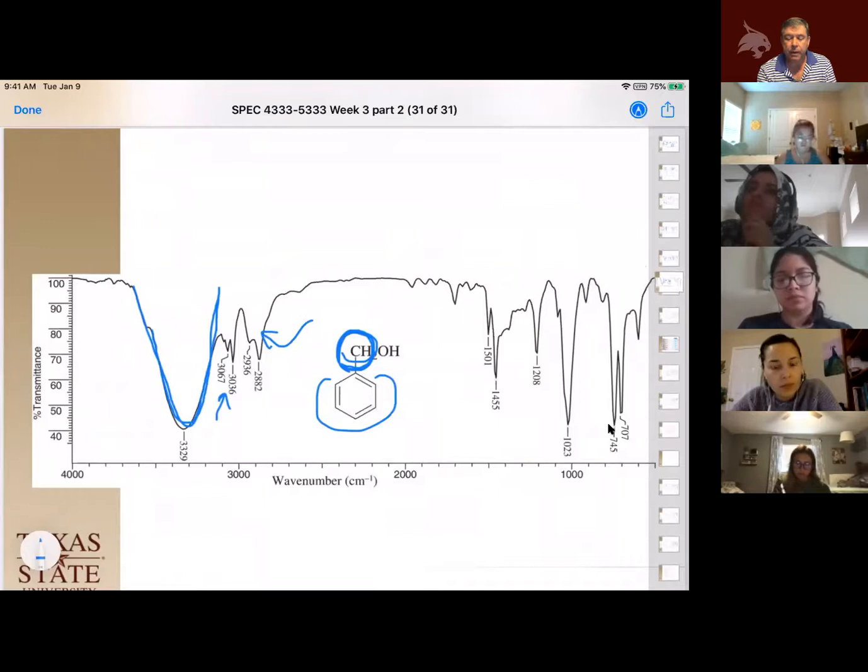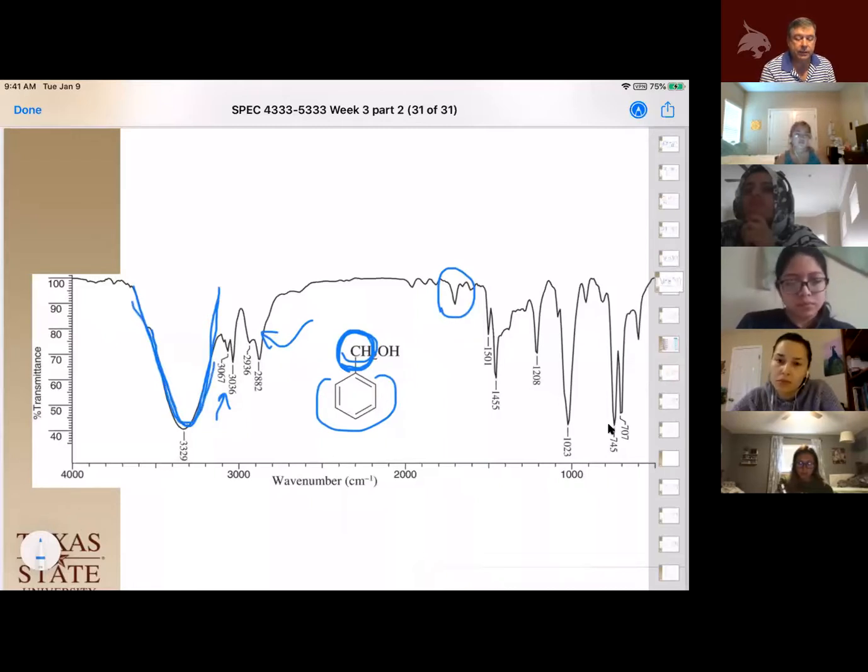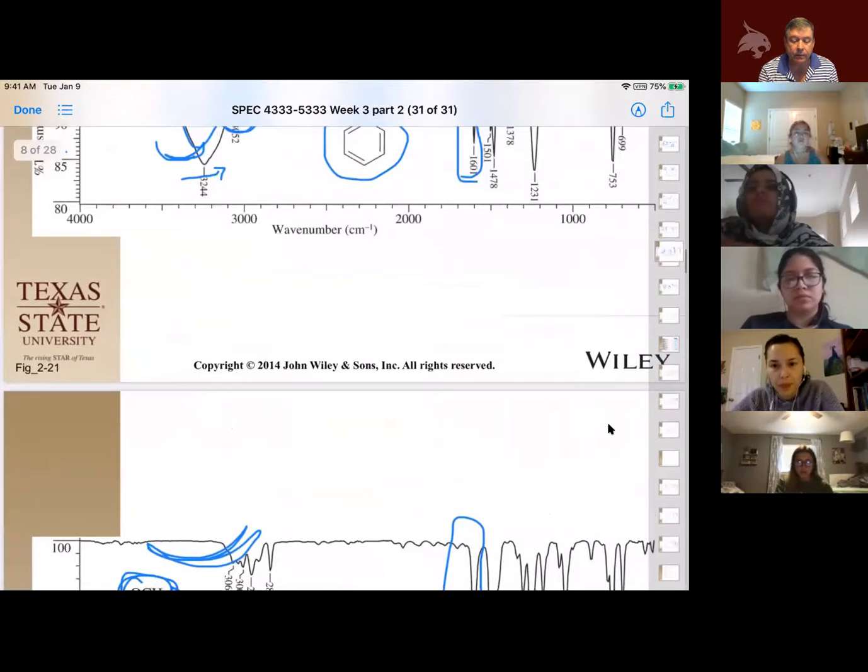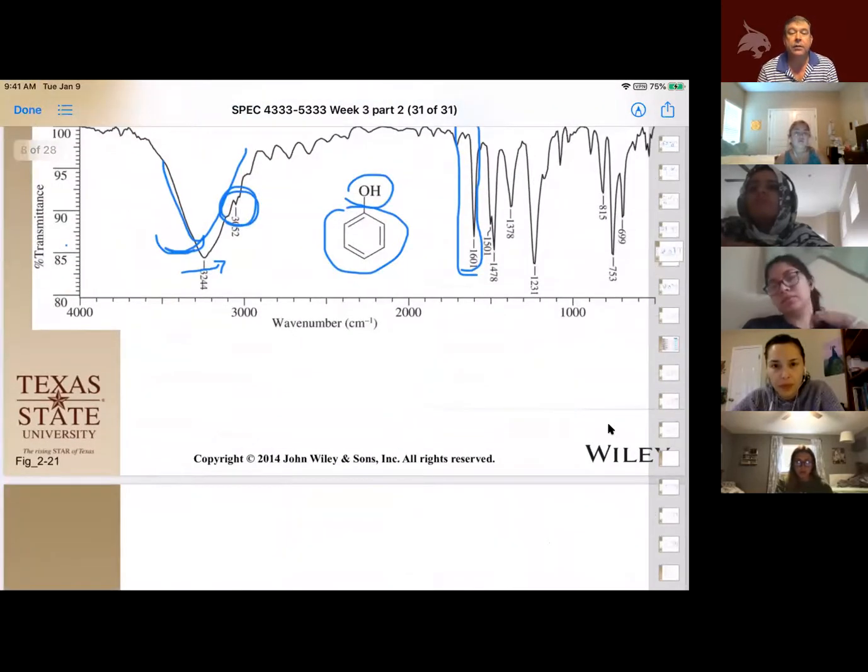And our 1600 peak has actually diminished a little bit from that. So the OH is the dominant feature in this system. But notice it has shifted from where the phenol was, okay? It shifted up higher, it's about 3330, where the phenol was shifted slightly down at this 3250. So there has been a shift because of the way in which those two different alcohols can hydrogen bond.